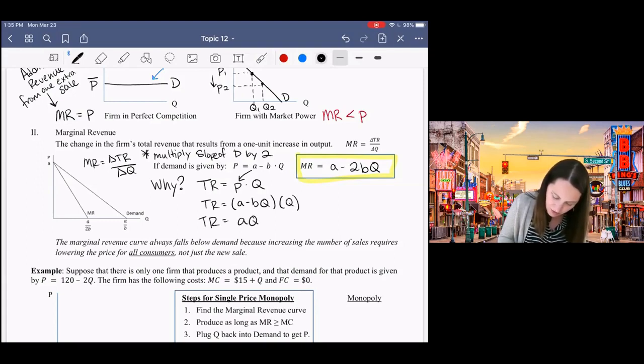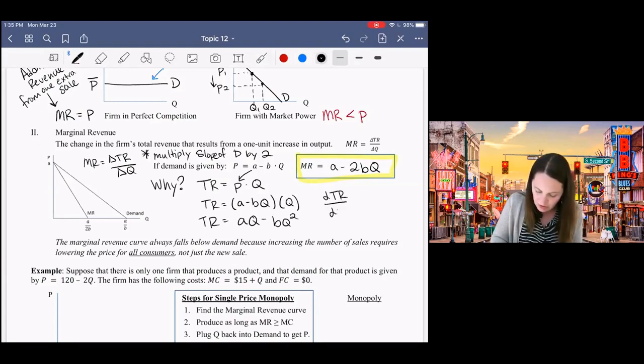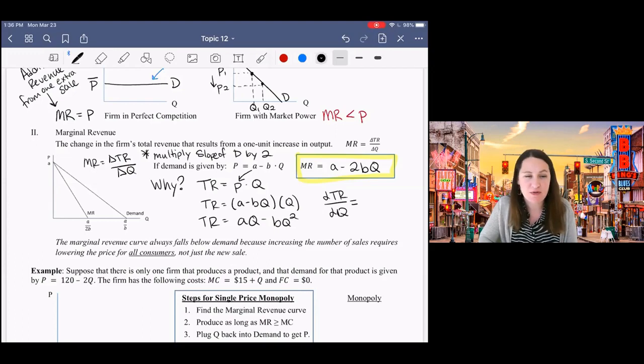That's AQ minus BQ squared. And now when I go to calculate marginal revenue, I take the derivative of my total revenue function with respect to quantity, I get A minus 2BQ. So it is always true that linear demand will have this marginal revenue function.